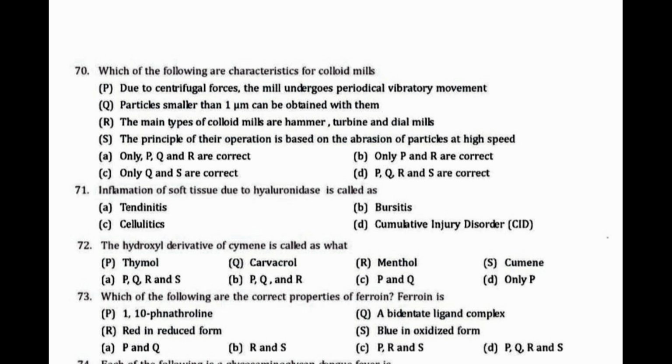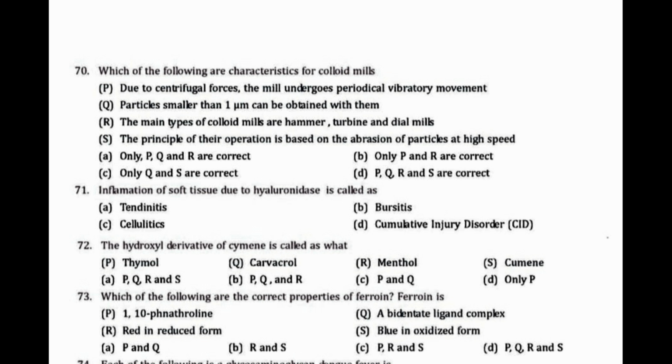Then tendinitis is inflammation or irritation of tendons. Then cumulative injury disorder is the excessive wear and tear of tendons, muscles and sensitive nerve tissue, caused as a result of continuous use over an extended period of time.